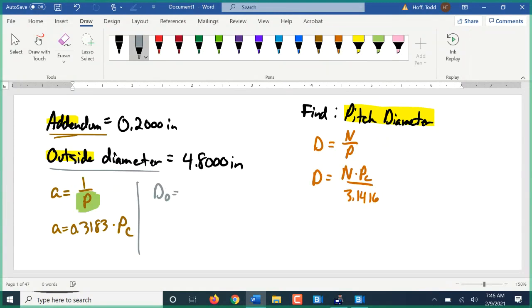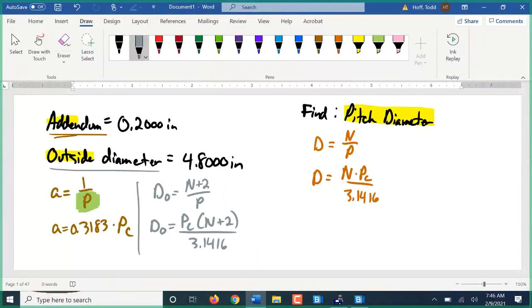We have N plus 2 over P. Again, we don't have the number of teeth, and we're not looking for the pitch. That doesn't help us. We have circular pitch times N plus 2 over pi. That one doesn't help us. We don't have the circular pitch, and we're not looking for it. We don't have the number of teeth either.